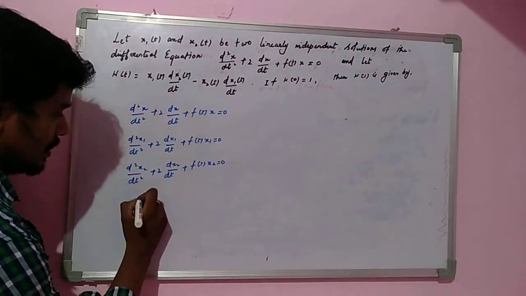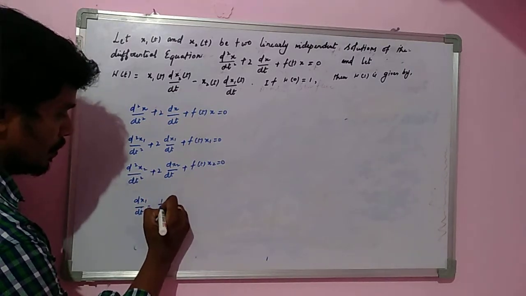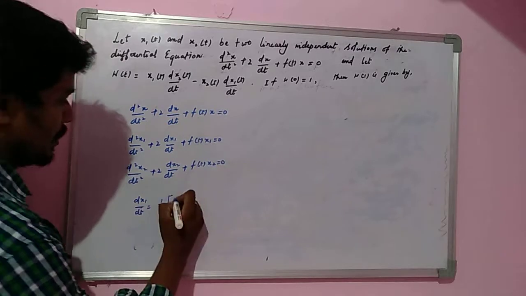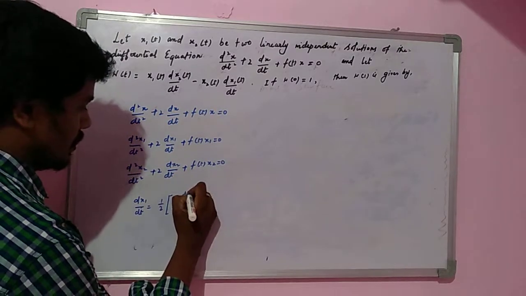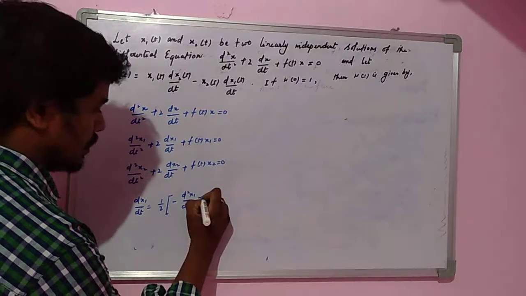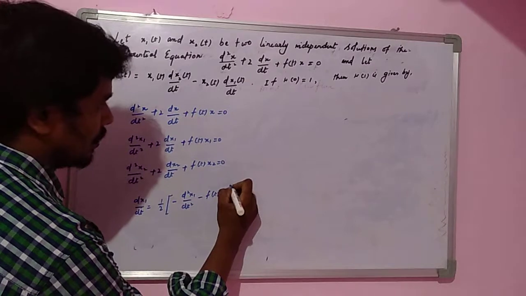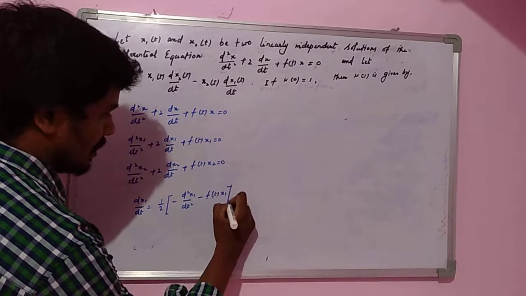That will give us dx1/dt = 1/2 times the whole bracket, minus d²x1/dt² minus f(t)x1(t).